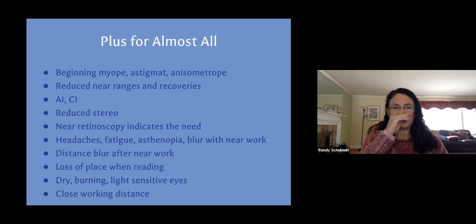And there have been studies that show that when you have a fixed distance at near, it can actually affect your distance. So you can talk to them as well about making sure you're looking near and far. If they lose their place when reading, that could be an oculomotor or saccadic problem, but when you use a plus lens, it actually expands the print, so it makes it easier to see.